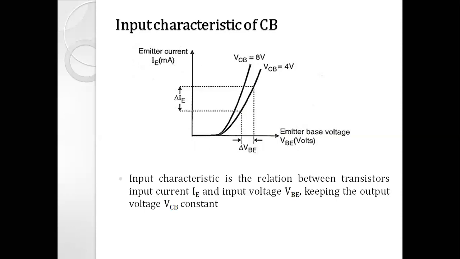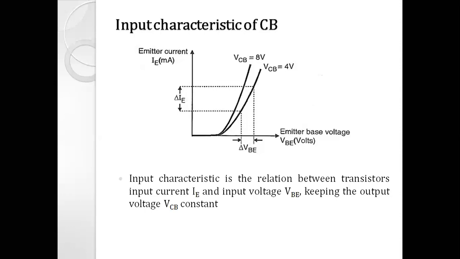When we want to operate the BJT in the active region, the base emitter junction is forward biased via this VEE supply, and because of that, the base region and emitter region combination behaves as a diode.